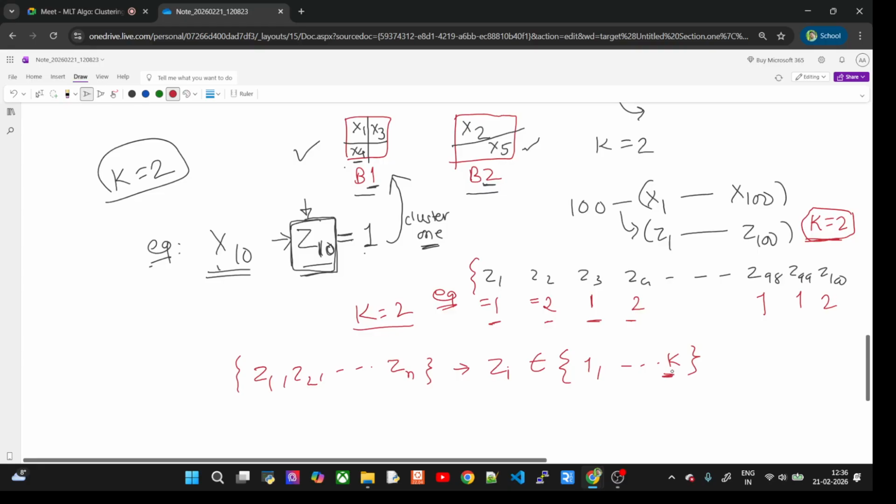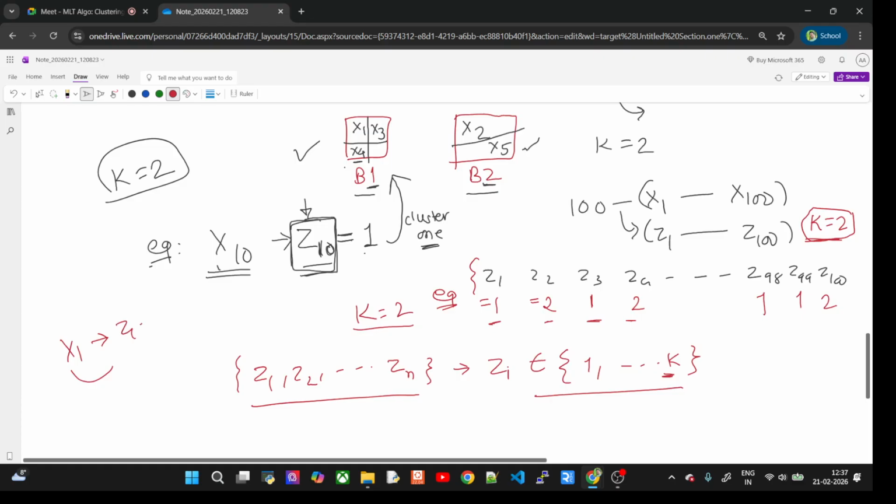If you have 2, it will just represent 1 and 2. If you have 10 clusters, it will go 1, 2, 3, 4, 5, 6, 7, 8, 9, 10. So z will go from 1 to k only. This mentions which cluster the x1 point will go to.